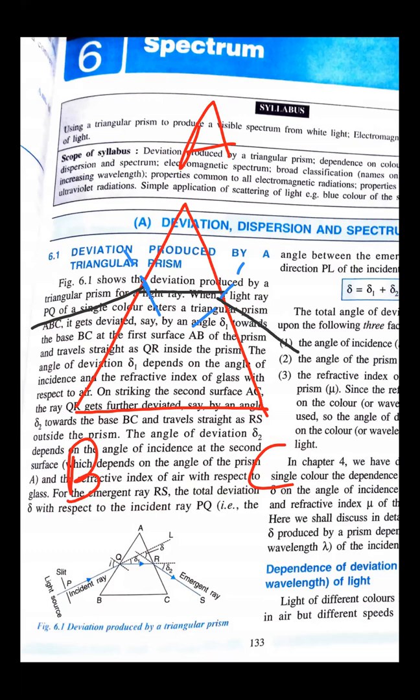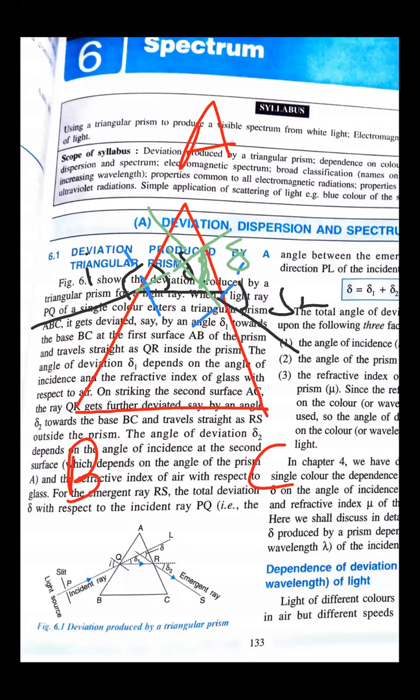Here you have angle of incidence i. Here you have deviation D1. Here you have deviation D2. And where these two rays of light appear to meet, here you will have your combined delta.